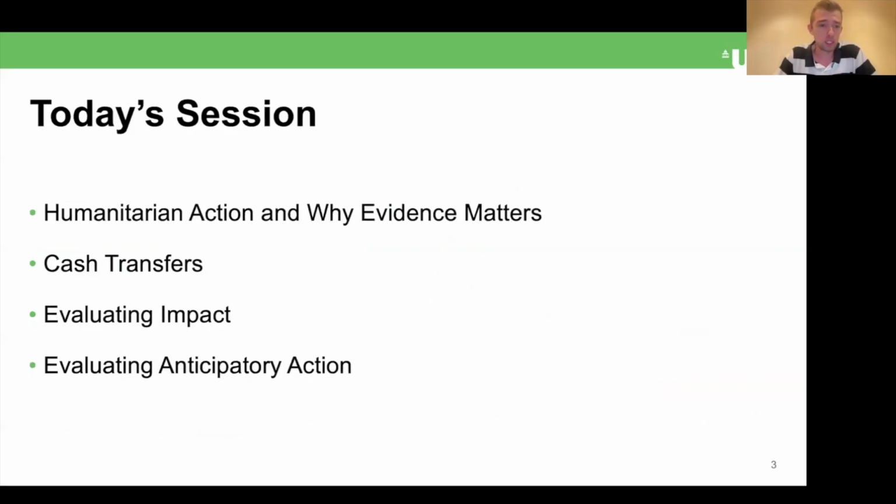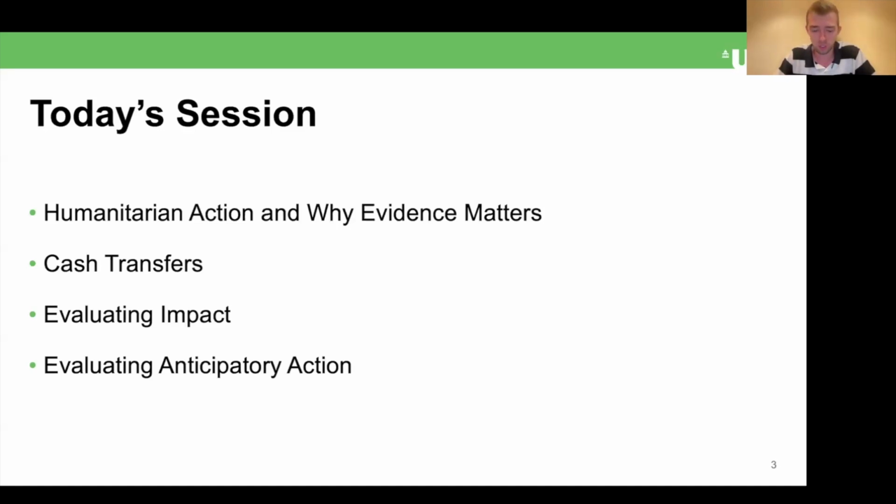So in today's session, we're going to talk very briefly about what humanitarian action is. Probably in other taster lectures you might already have been introduced to this topic, but specifically I'll highlight why evidence matters. We'll talk a little bit about cash transfers, an important element of humanitarian aid. This is followed by how to evaluate impact and a methodology that we can use for that.